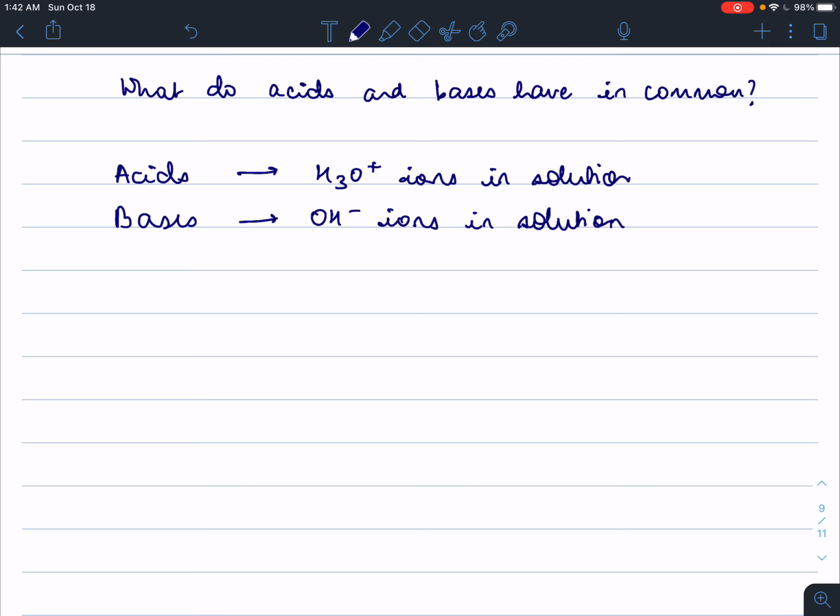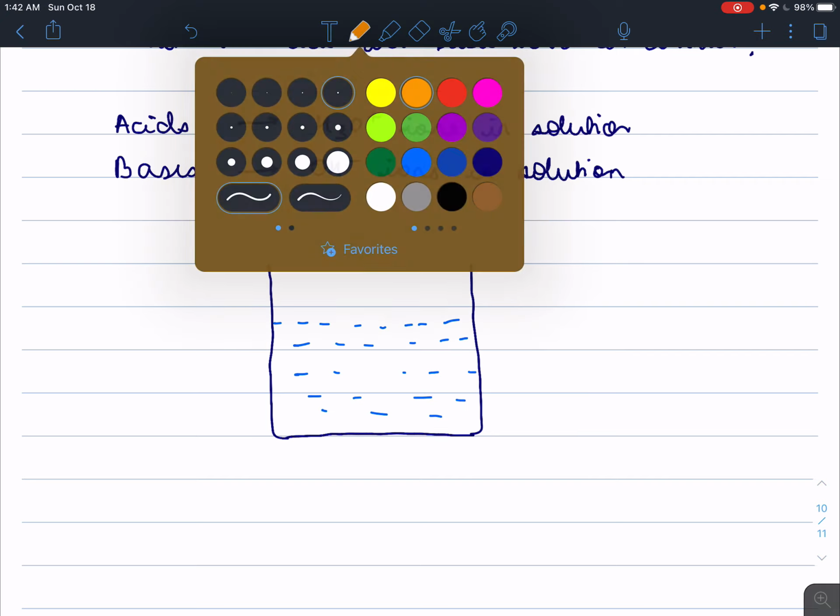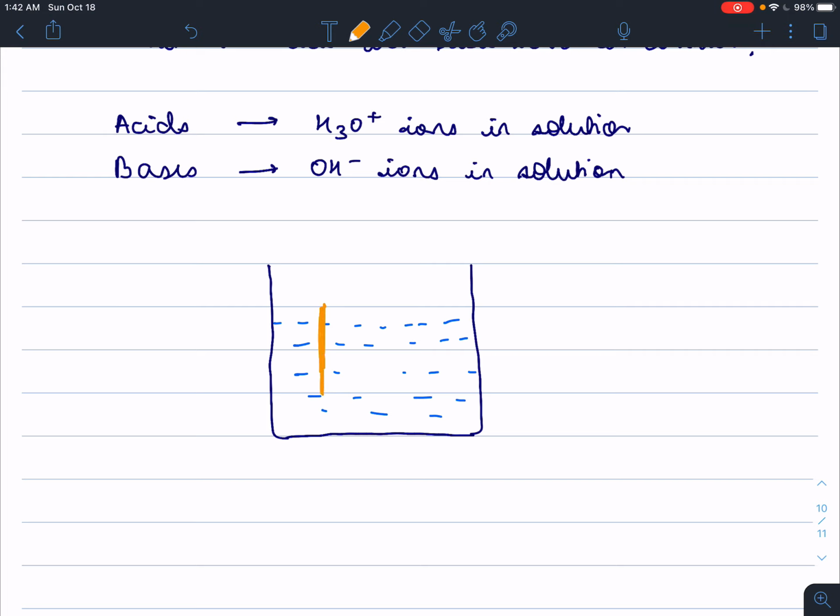So what this means is, if you were to take a container, fill it with water, and dip in a couple of electrodes in there, connect that to a battery and a bulb.